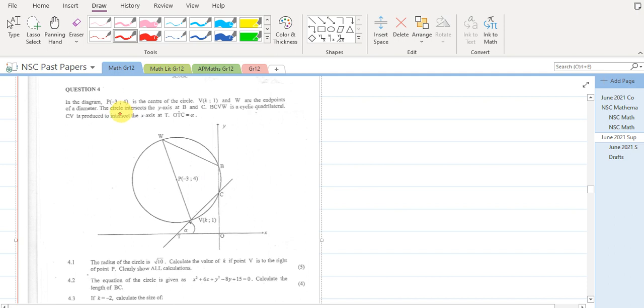In the diagram, we have the point P, which is minus 3 and 4, is the center of the circle. V, which is K, 1, and W are endpoints of a diameter. So this is the diameter.